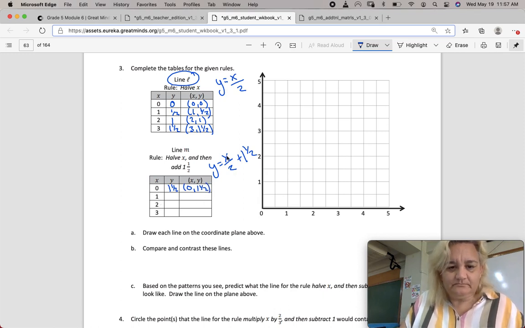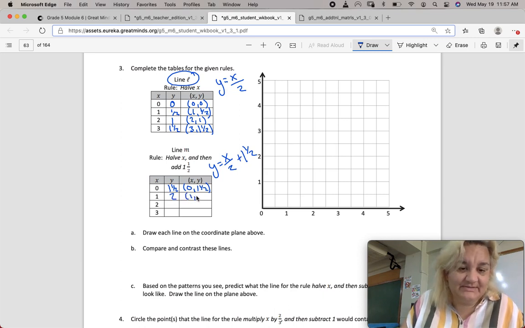Next one. 1 divided by 2 is a half, plus 1 and a half is 2. That was nice, easy coordinates. 2 divided by 2 is 1. So 1 plus 1 and 1/2 is 2 and a half. Are you seeing the pattern? Right? Next. Is that right? Yes.